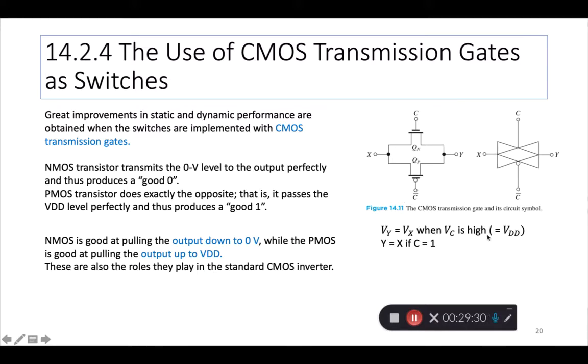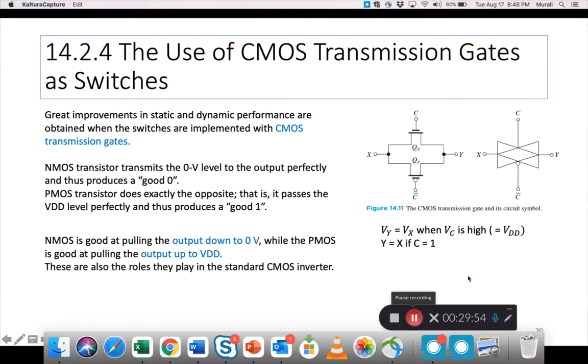The voltage at Y is equal to the voltage at X when the voltage here is high, which is VDD. Y equals X if C equals 1. This is the logic way of explaining it. This is the voltage way of explaining it.